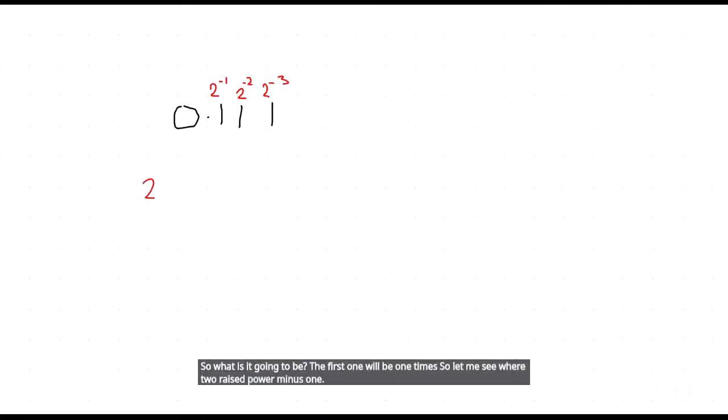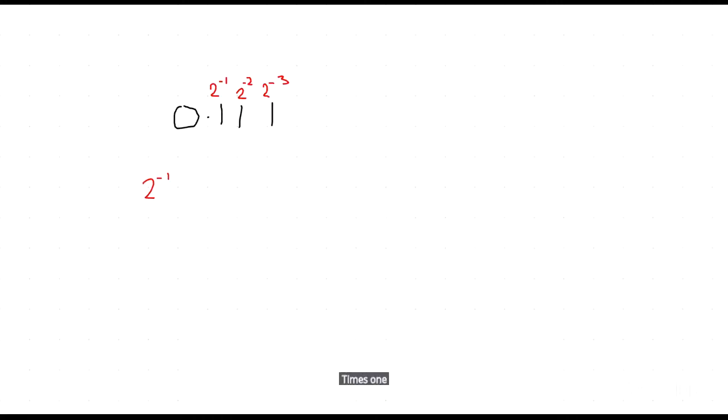So what is it going to be? It will be 2 raised to power minus 1 times 1, plus 2 raised to power minus 2 times 1, plus 2 raised to power minus 3 times 1.